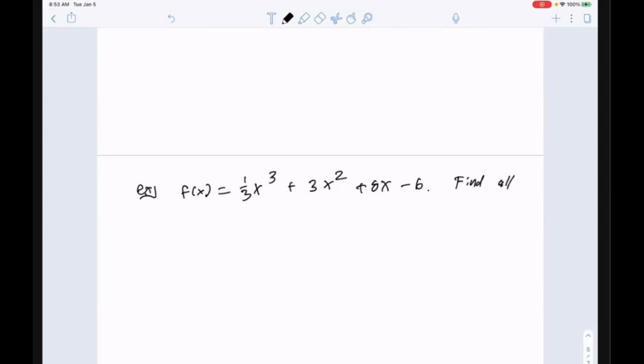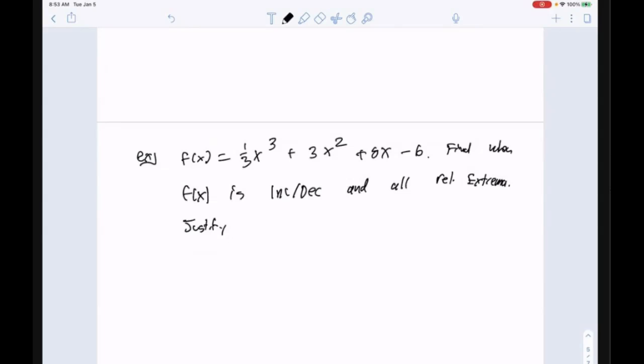Let me do it like the homework question. Find when f of x is increasing or decreasing and all relative extrema. Justify.